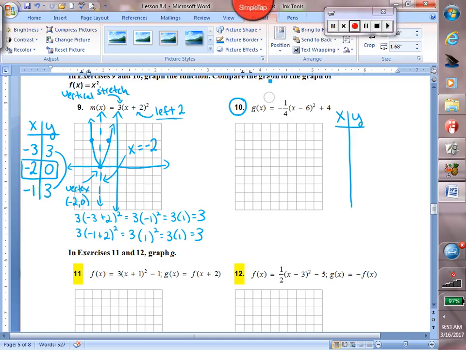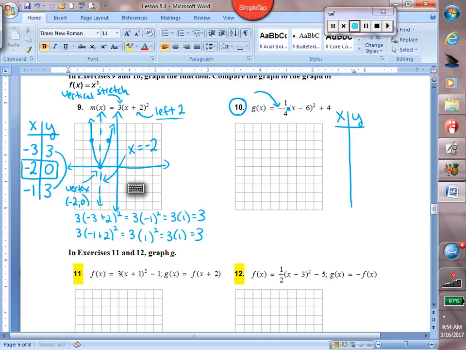The first piece I come across is a negative sign. That negative sign causes our vertical reflection. So I know that my graph is going to be opening down. It's going to be flipped upside down. That's what that negative sign tells me.